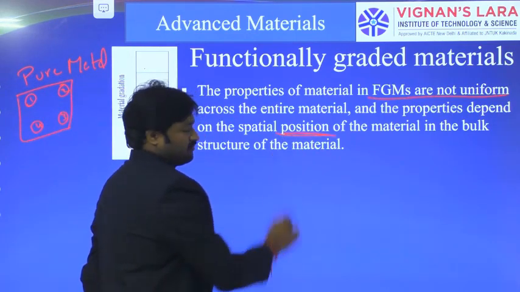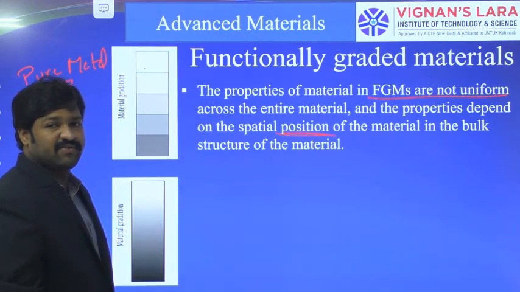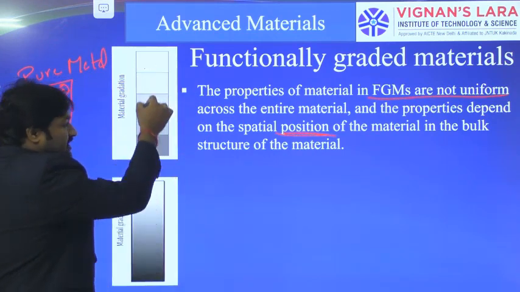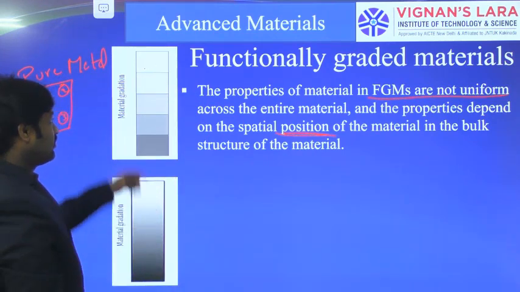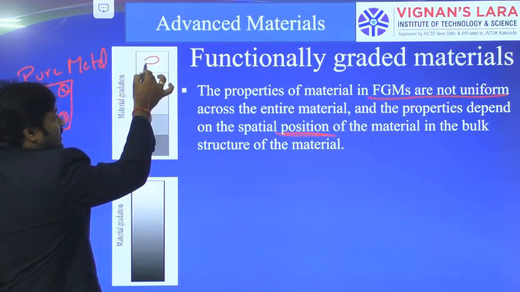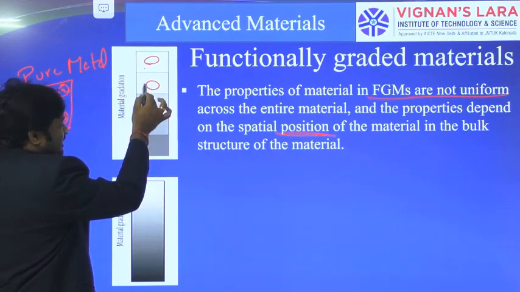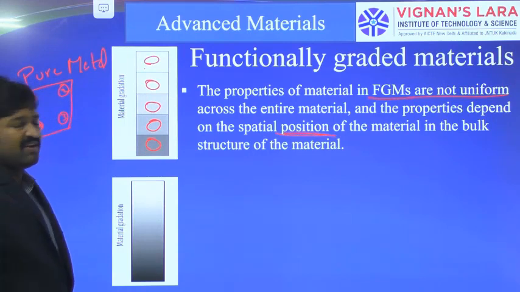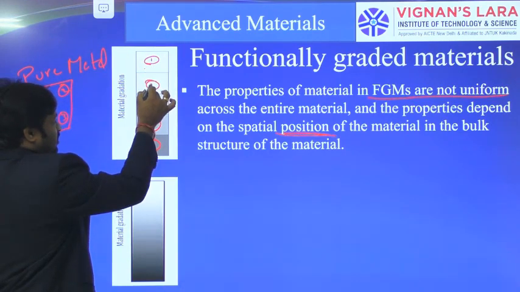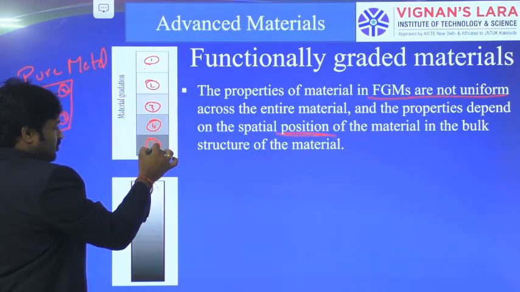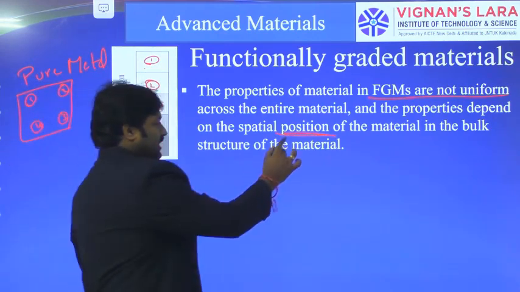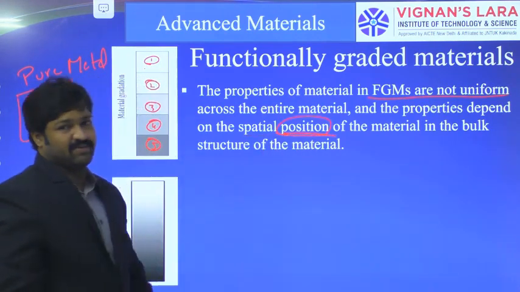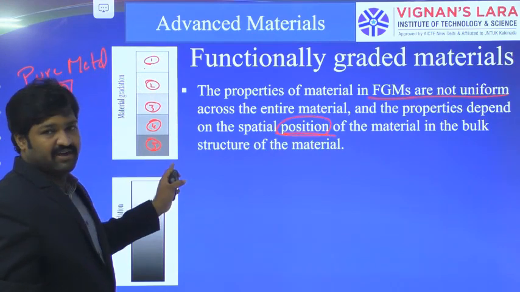They depend upon the composition variation and upon the location where we are testing. If we change the position, the properties will vary. So location 1, 2, 3, 4: depending upon the sample position, the properties will vary.